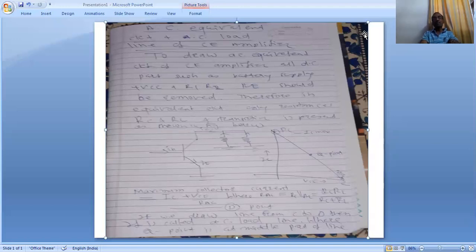Keep in mind, my friends, that while drawing the DC equivalent, the AC signal is removed, all the capacitors C1, C2, CE are removed, and only VCC, R1, R2, RL, RE and the transistor remain in the circuit.